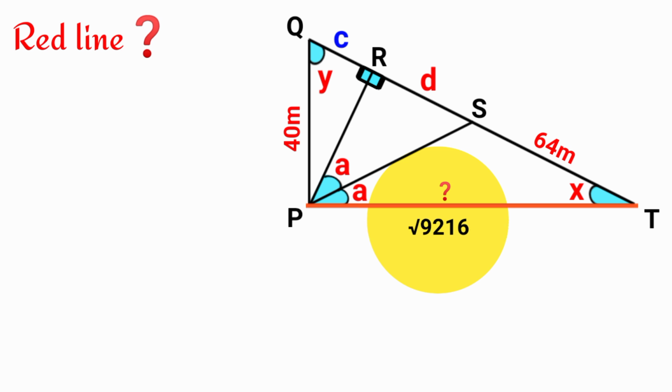Square root of 9,216 is 96. So the length of the red line which you are asked to calculate is 96 meters.